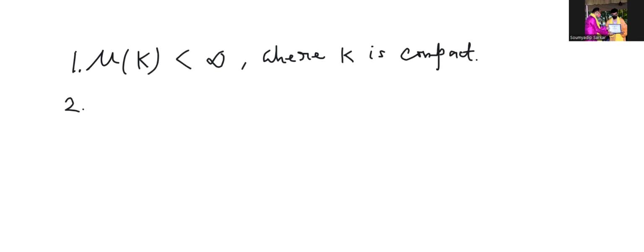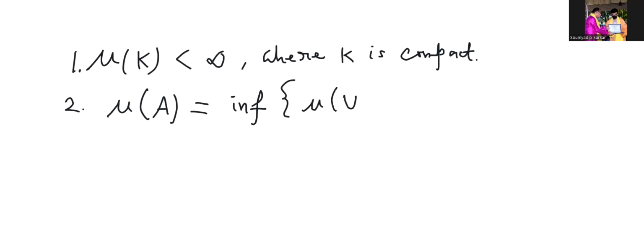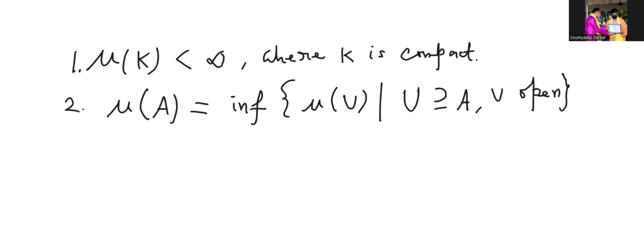Second thing is that mu of any set A is infimum of mu of U, where U is an open set containing A. So that means what I've already said intuitively, that you're approximating from outside using open sets.